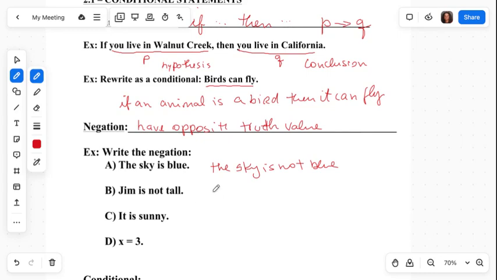Jim is not tall, so the negation would be Jim is tall. It is sunny, the negation would be it isn't sunny. And x equals 3, the negation would be x is not 3.